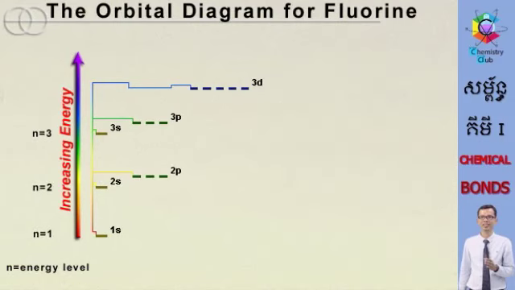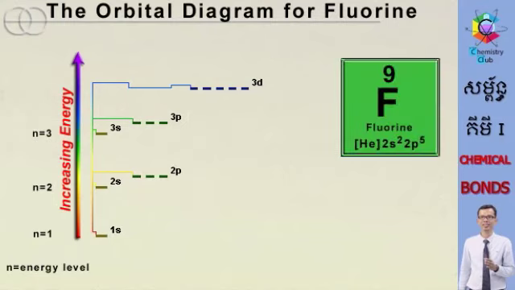Here's how to draw an orbital diagram for fluorine, which is the 9th element, and thus has 9 electrons. Energy level 1 contains only 1 orbital, designated as 1s. Consequently, the first 2 electrons fill the 1s orbital before other orbitals are filled. Only an s orbital occurs in the next higher energy level as well.